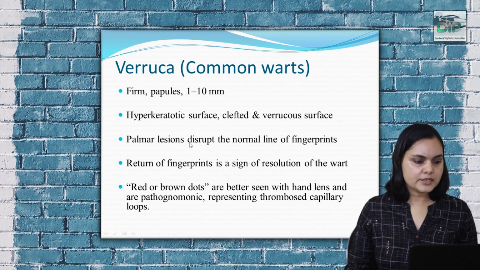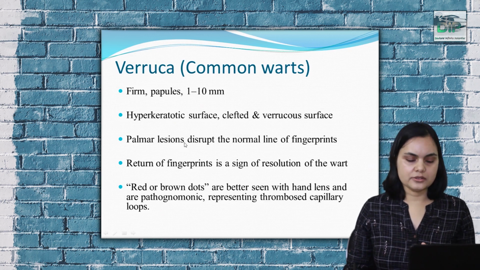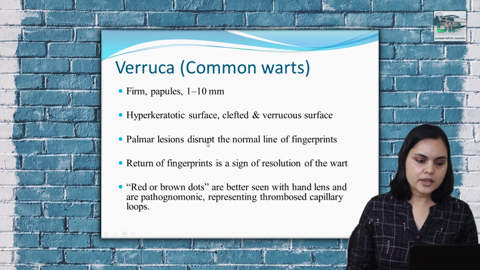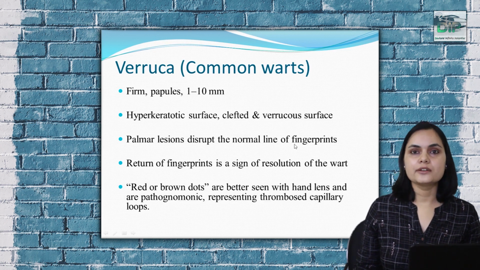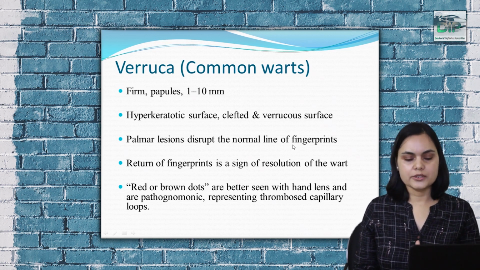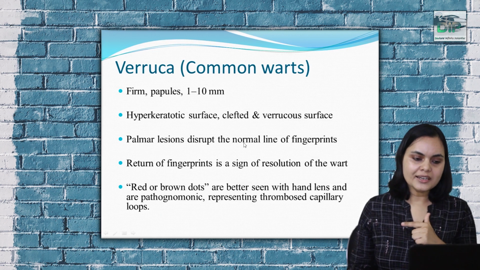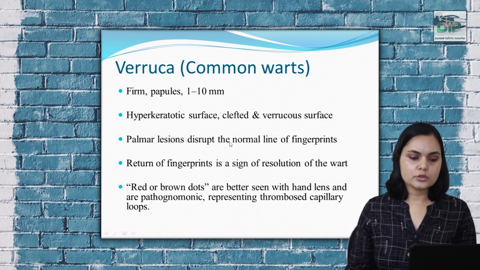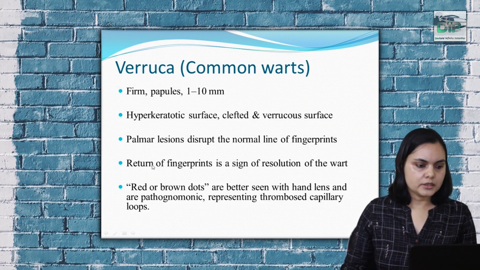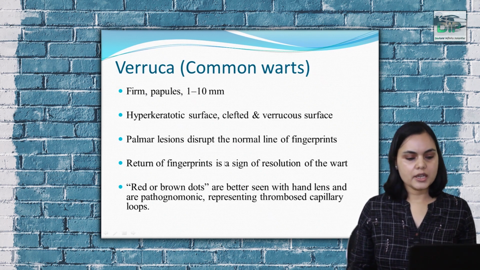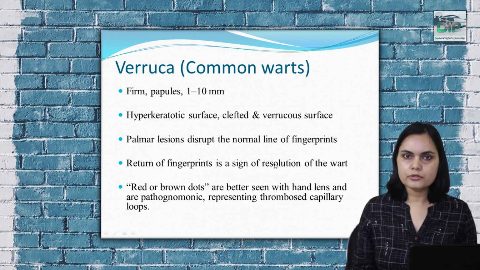Palmar and plantar warts disrupt the normal lines of fingerprint and footprint. The normal lining of palms and soles will be disrupted by the lesion, and the return of fingerprint is also a sign of resolution of wart.